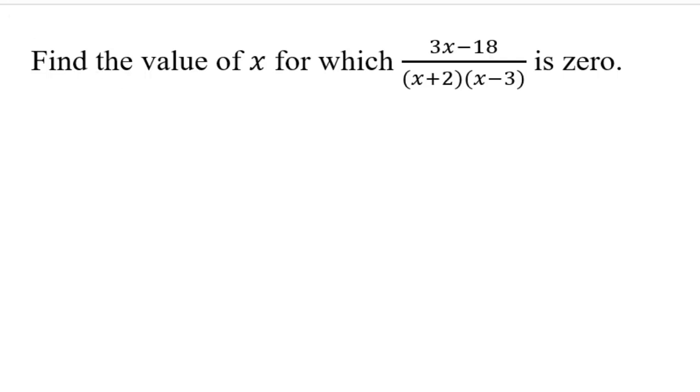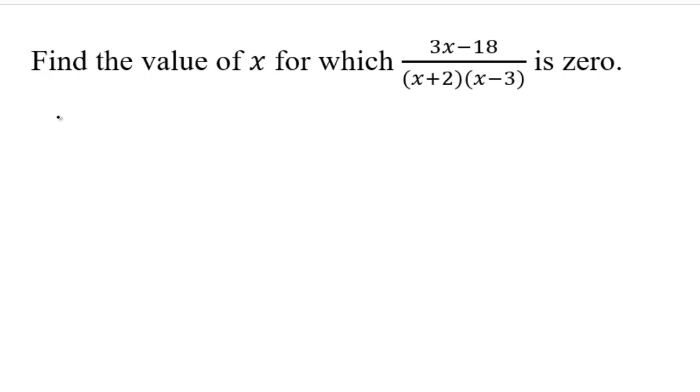Then the last one is, find the value of x for which 3x minus 18 over the bracket x plus 2 multiplied by the bracket x minus 3 is 0. So as we have learned earlier, to find the zeros of an algebraic fraction, we set the numerator to 0.